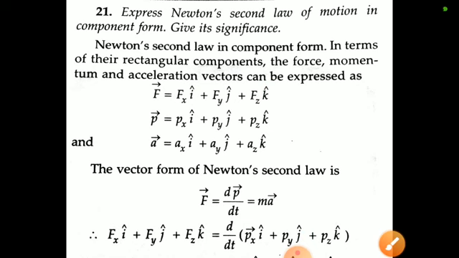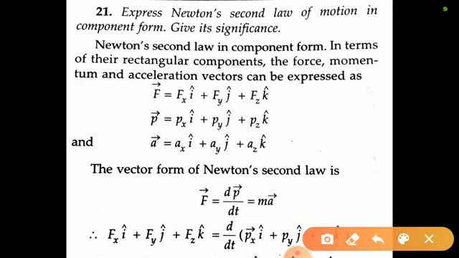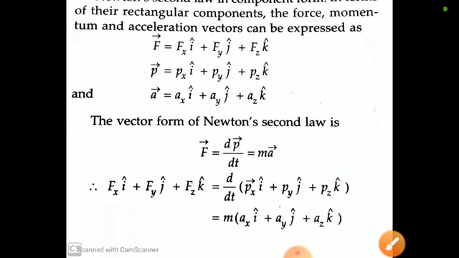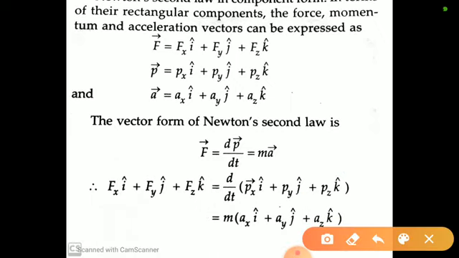Now represent the force as F equal to Fx i, the magnitude Fx along the x-axis, plus Fy j and Fz k. Similarly, write the values of linear momentum and acceleration. Put these values in the formula of force, F equal to dp by dt. We can write it as F equal to dpx i, dpy j, dpz k.